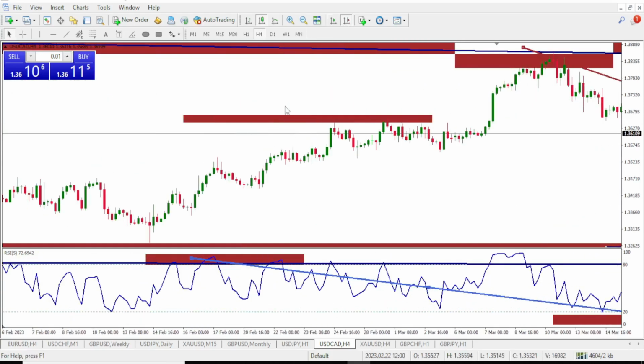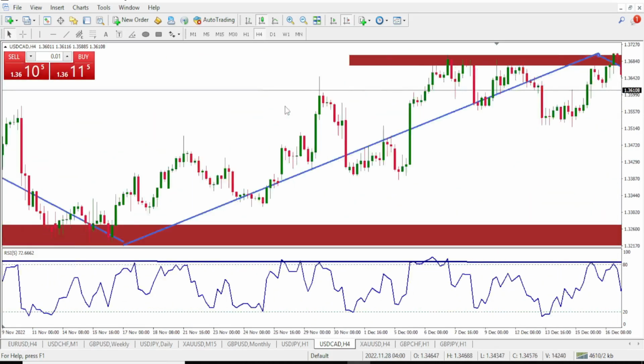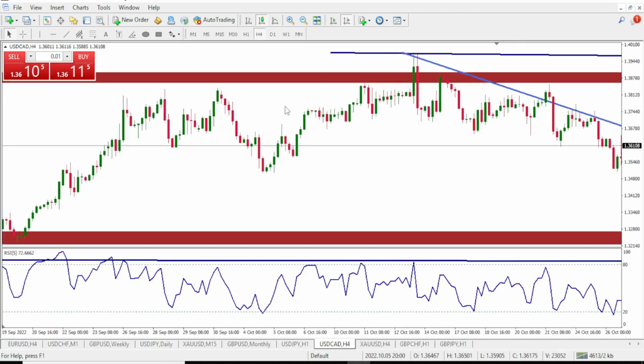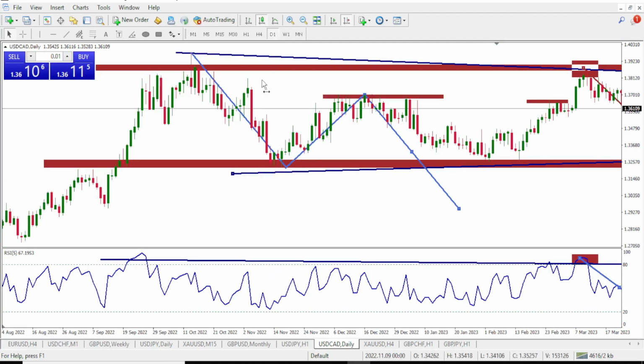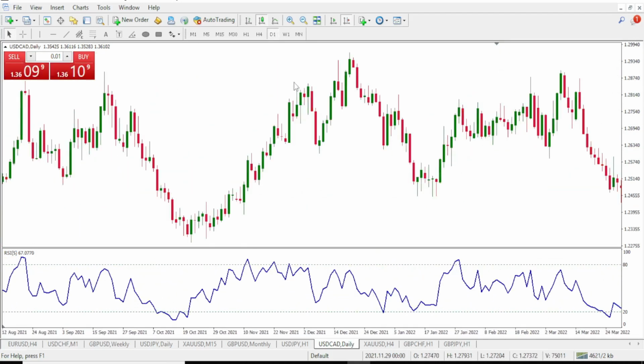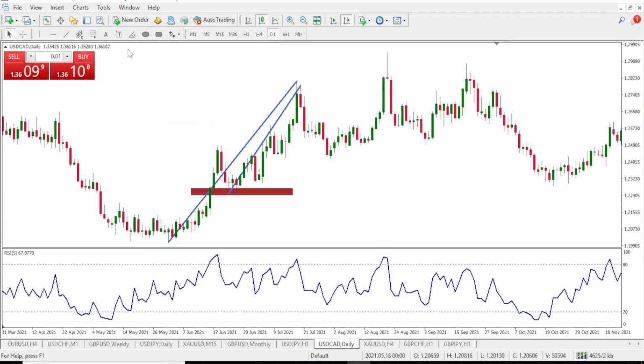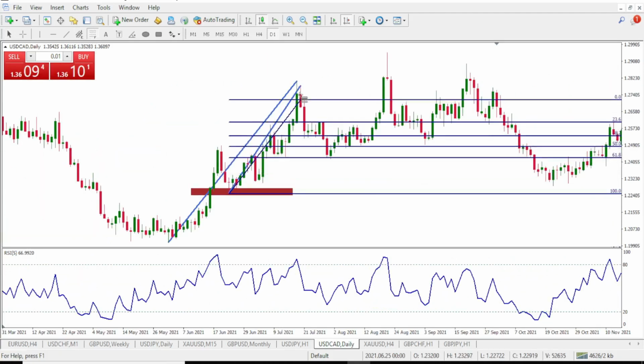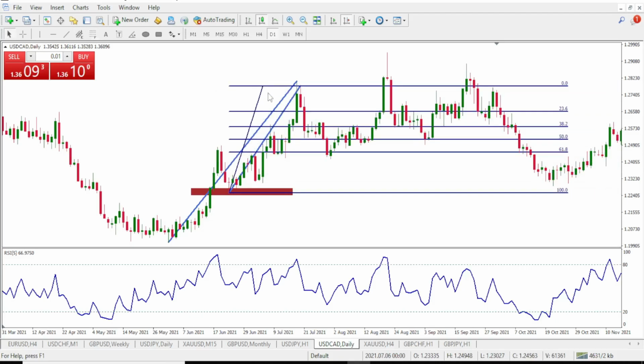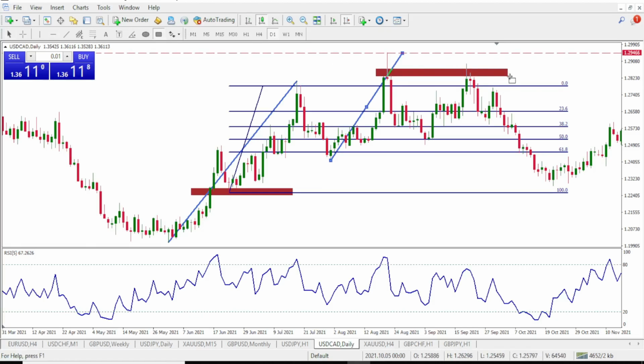So this one, where was that? Seems like I have lost that area. Okay, here it is. An impulsive wave, and obviously the completion, and an exact drop. But before that, market already gave this evidence of a double top.